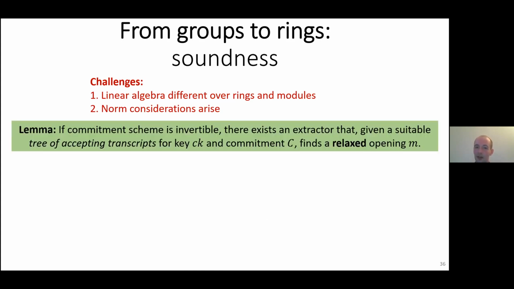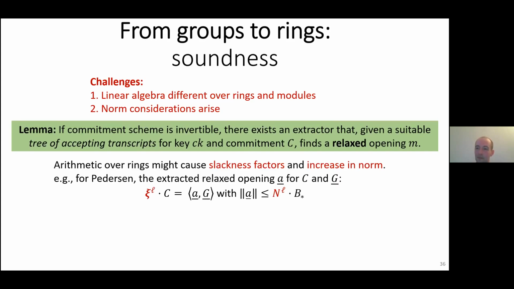So to capture the soundness of this final version of the protocol, we have a generalized definition of invertibility, which deals with relaxed openings. And what a relaxed opening is, for example, for a Pedersen commitment, is an opening of not the original Pedersen commitment, but a multiple of the original Pedersen commitment.